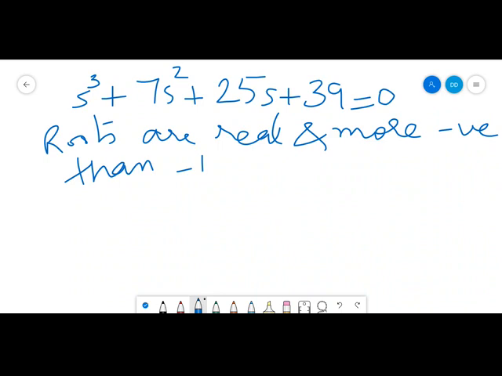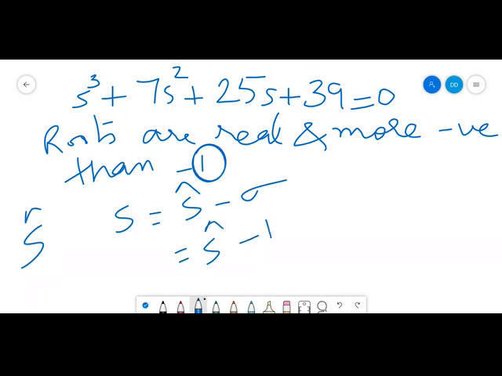That is what we'll find. So for this, we have to construct a polynomial of S cap. So substitute S is equal to S cap minus sigma. Our sigma over here is 1. So S is equal to S cap minus 1 has to be substituted in this original characteristic equation.